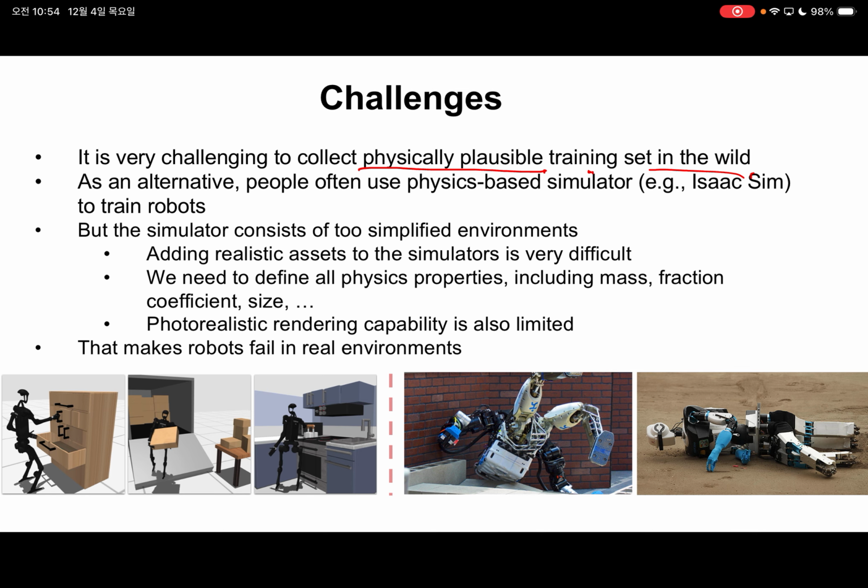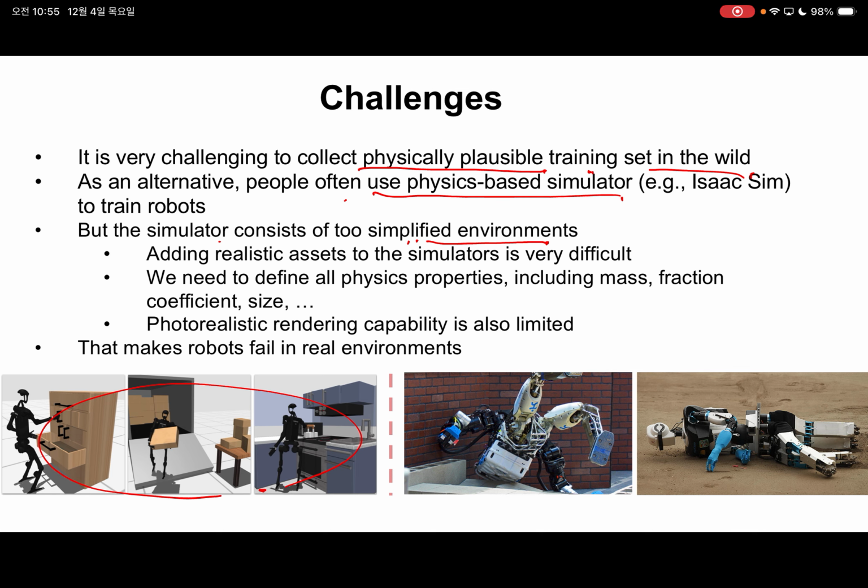As an alternative, people these days often use physics-based simulators like Isaac Sim. This is a visualization of the simulator. As you can immediately note, it seems a little bit far from our real environment, right? The problem is the simulator consists of simplified environments. For example, if I want to add this bottle to the simulator, I need to know the exact mass, friction coefficient, and size.